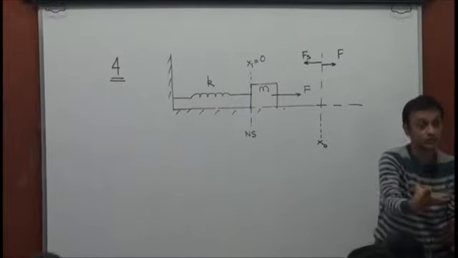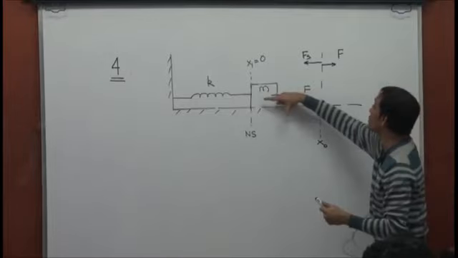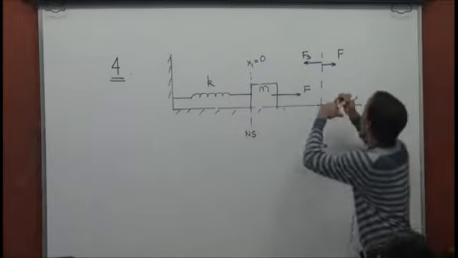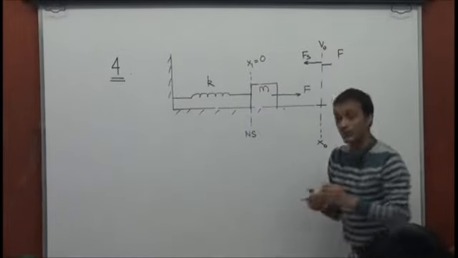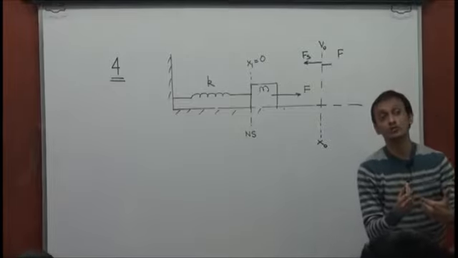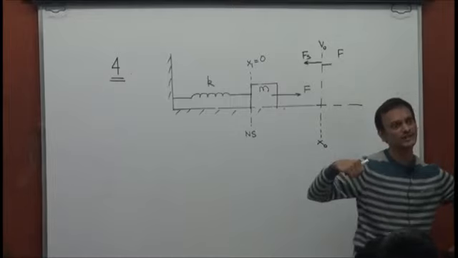Agreed. But the velocity will not be 0, because by the time it arrives here, it has been constantly accelerated, so it would have developed a certain velocity v naught. This would be a position of equilibrium, but not a position of rest. It's not going to come to rest at this position.